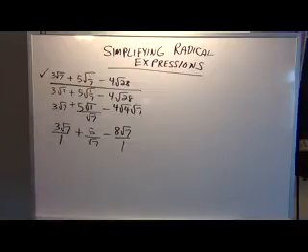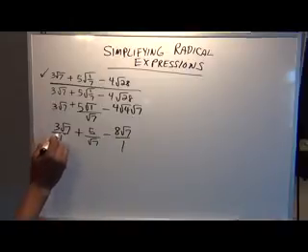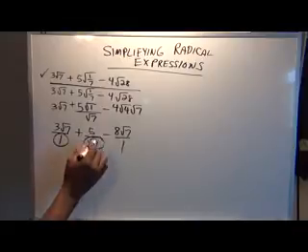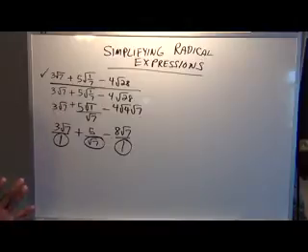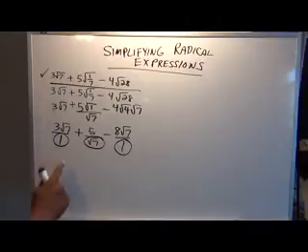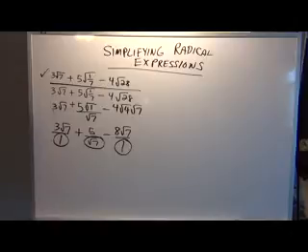Anytime you're adding or subtracting fractions, the first thing you need to do is find out if the denominators are equal. When we look at these denominators, we see 1, we see square root of 7, and we see 1. Since those denominators are not the same and we need to add these together, we need to find the least common denominator. The least common denominator of 1, square root of 7, and 1 is the square root of 7.